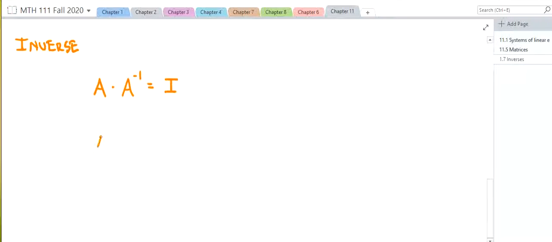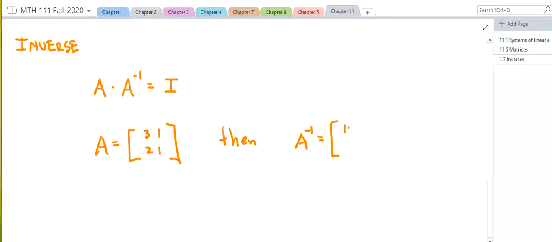So, for example, if A is 3, 1, 2, 1, then if it exists, the inverse matrix for this, and it does exist for this matrix, is 1, minus 1, minus 2, 3.